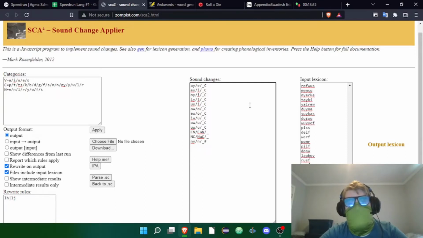What else can we do? Let's have R disappear when it's at the end of a word. And let's have L also disappear when it's at the end of a word. That's 5 changes. There's the 4th change, there's the 5th change. Last change.